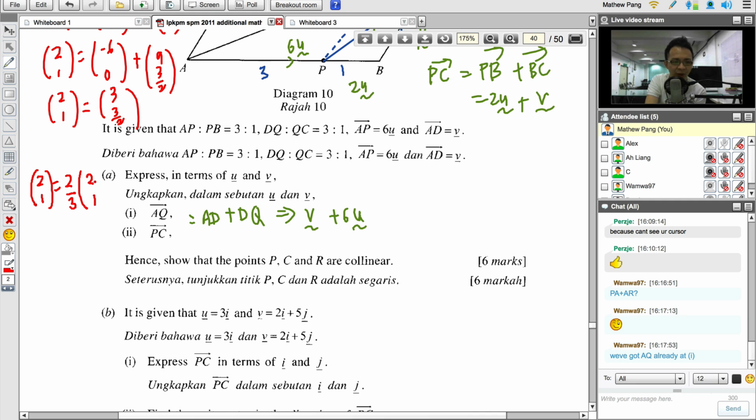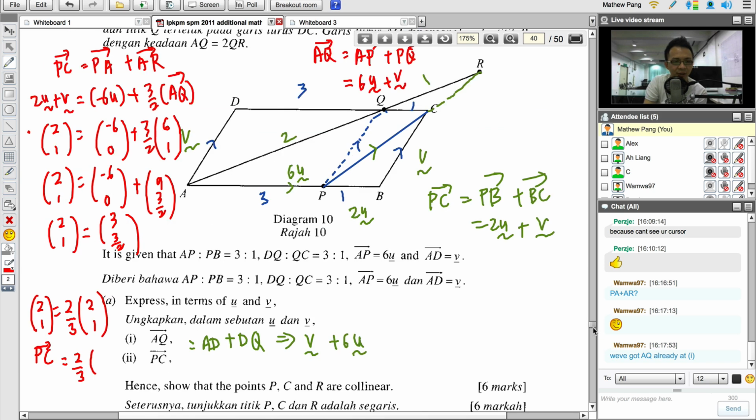Yes, this is how you prove they are collinear. You have to make sure both have the same thing. So this is PC, right? Yes, this is PC, which equals 2 over 3 of, what is this? PA plus AR.